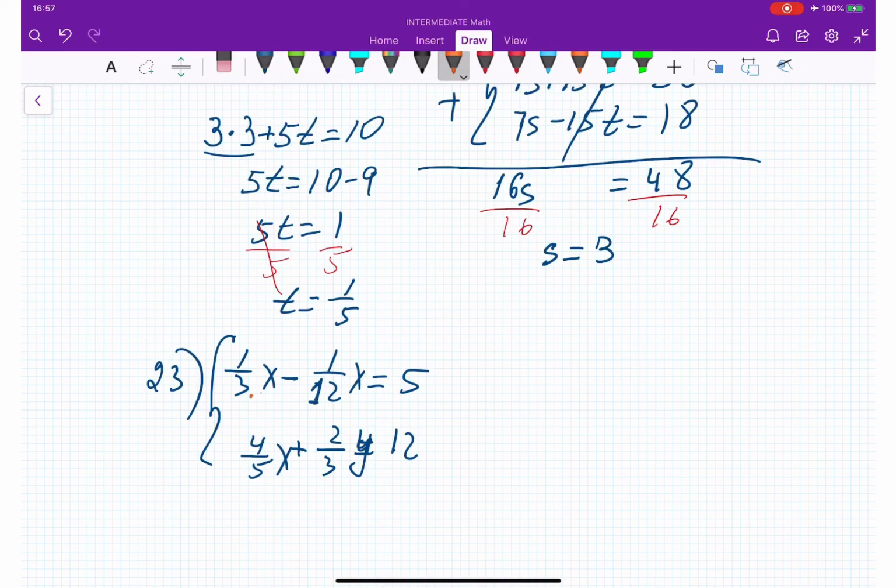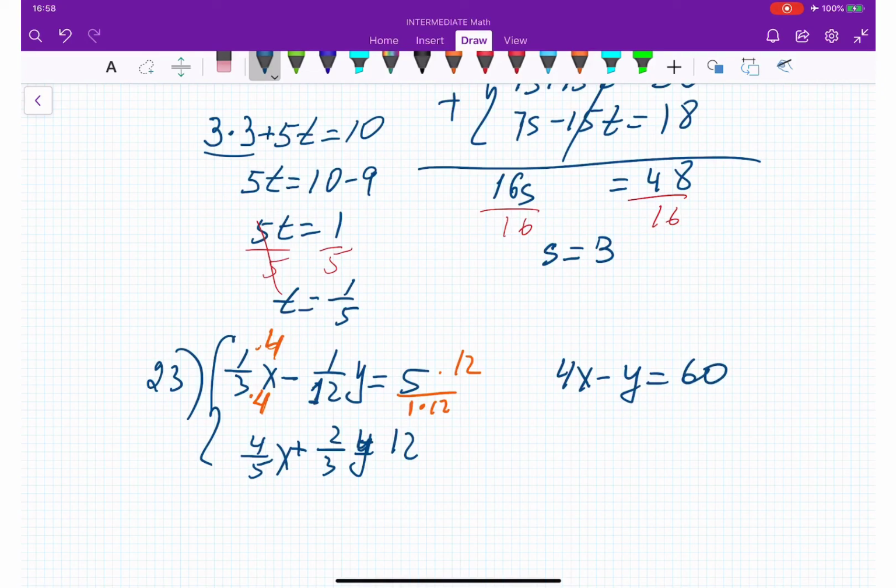Which means 3 multiplied by 4. 12 I don't touch because we already have 12. 5 denominator is 1, so multiply by 12. And we are getting 4 times 1, it's 4x minus, wait a minute. I'm sorry, this is supposed to be y. Yeah, minus y is going to be equal to 60.